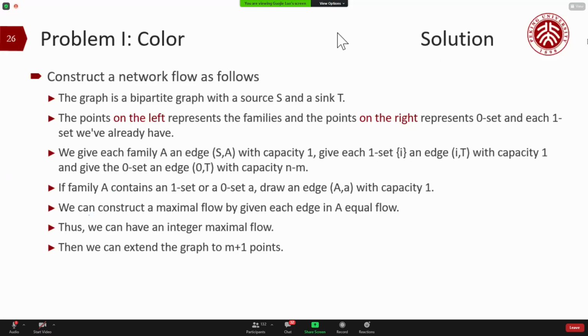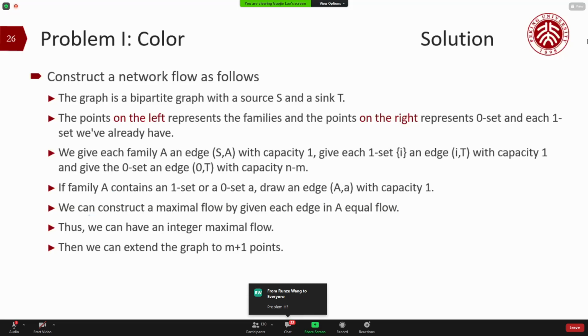We can construct a network flow as follows. As said in the checkbox, there are many ways to solve it, so this is only one possibility. We construct a network flow so that we can find out the coloring for the edges.